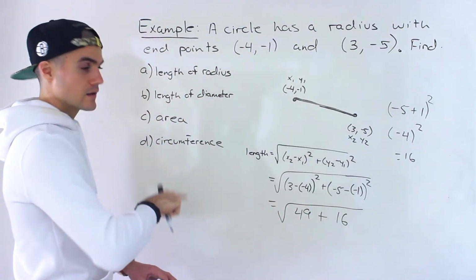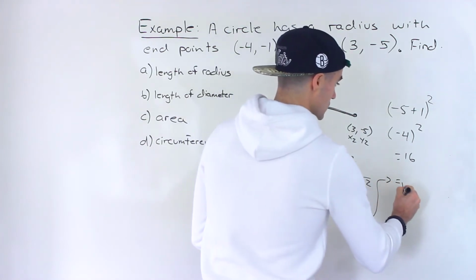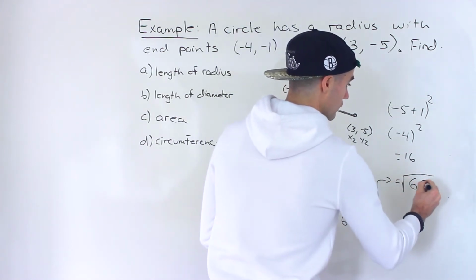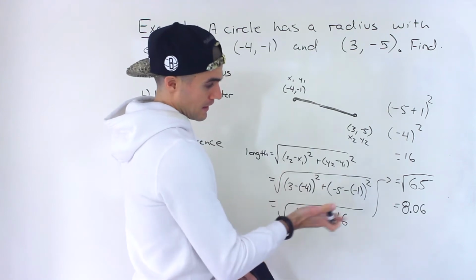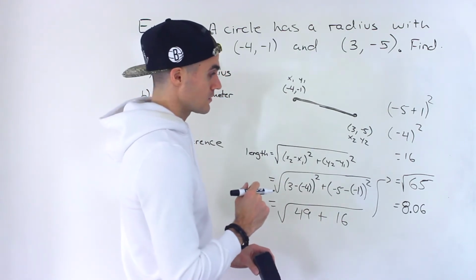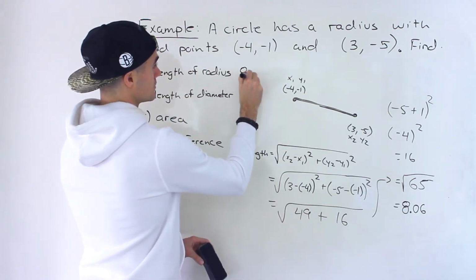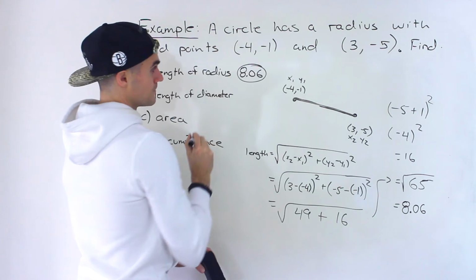And then 49 plus 16, that gives us 65. So we'd have the square root of 65. And then if you want the decimal of that, you square root it, you end up getting 8.06. So that would actually be the answer to part A.